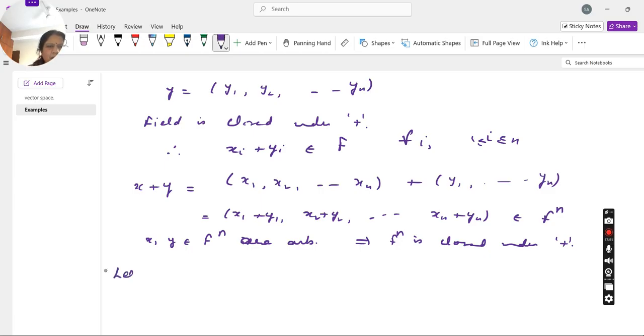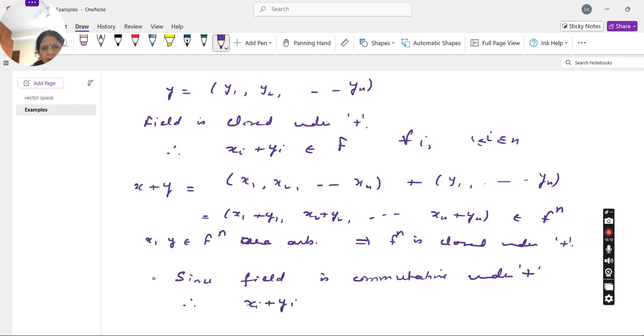Now, since field is commutative under addition, therefore xi plus yi equals yi plus xi for all xi, yi belonging to F, and it is true for all i where i lies between 1 to n.